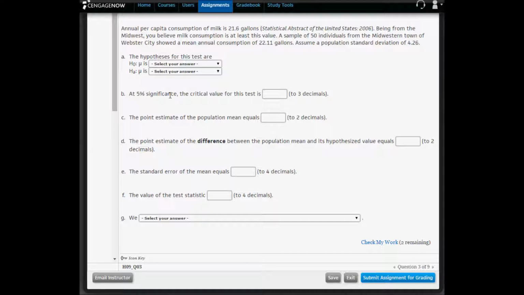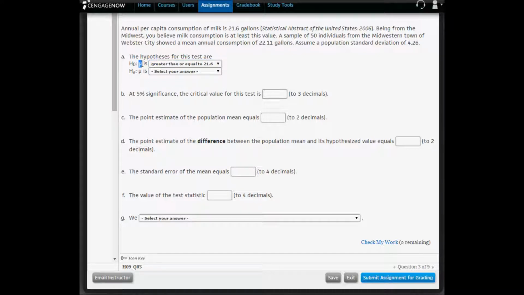If milk consumption for the Midwestern town of Webster City is at least 21.6, then the null hypothesis is mu is greater than or equal to 21.6.